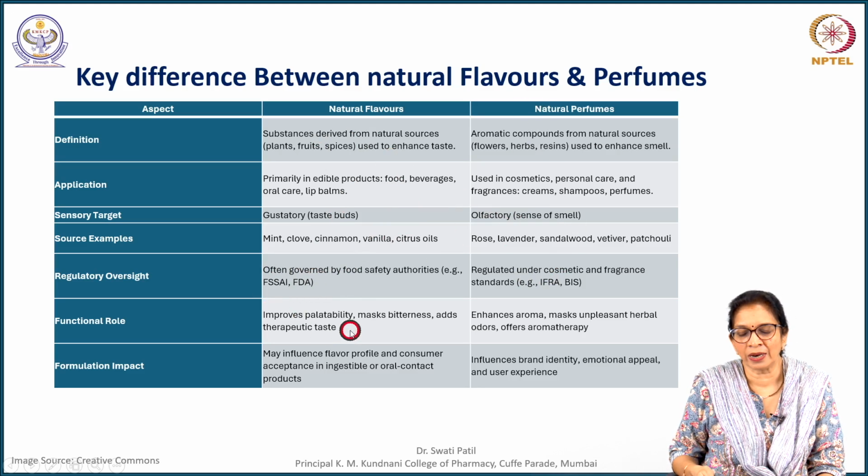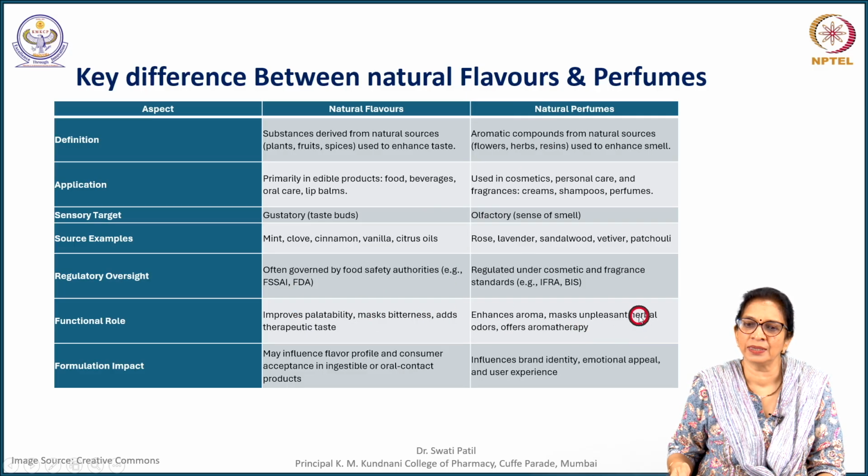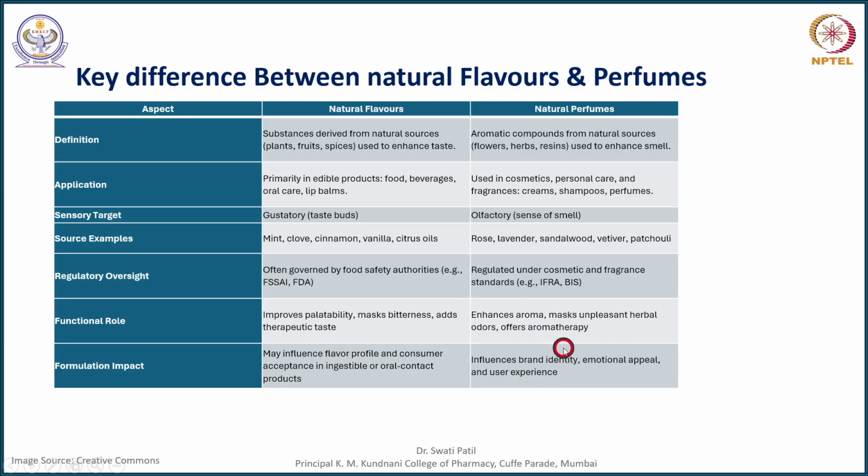This improves palatability, masks bitterness, whereas the perfumes enhance aroma, mask unpleasant herbal odors. The natural flavors are linked with the consumer and are ingestible, whereas here they represent a brand.